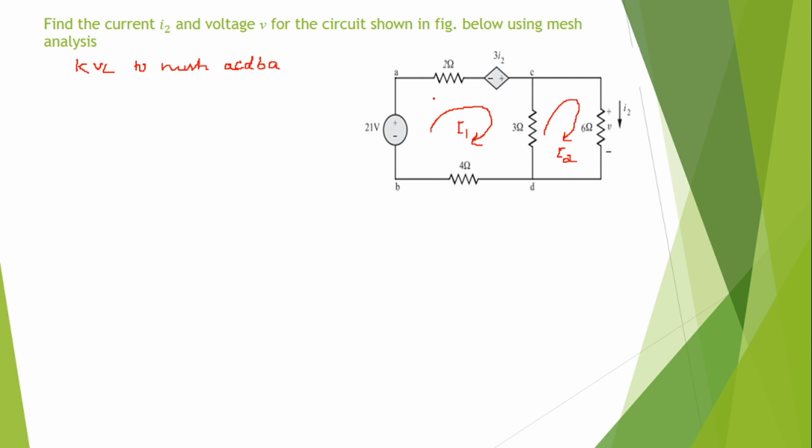For the passive element 2 ohms, the path direction and current direction are the same, so the voltage drop is minus 2 into I1. Voltage drop is current into resistance, and here the directions are the same, so minus 2 I1. Now here, don't consider whether it is a dependent or independent voltage source.